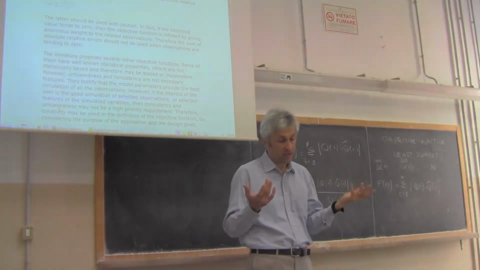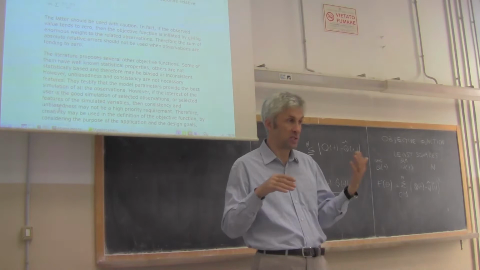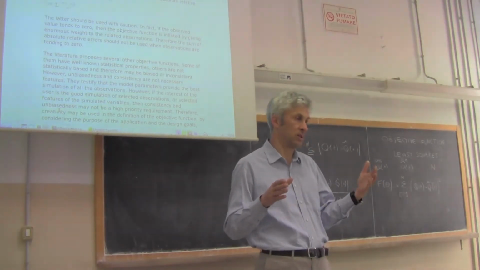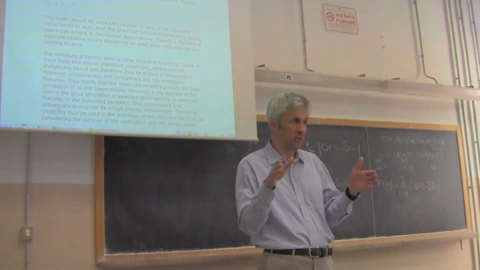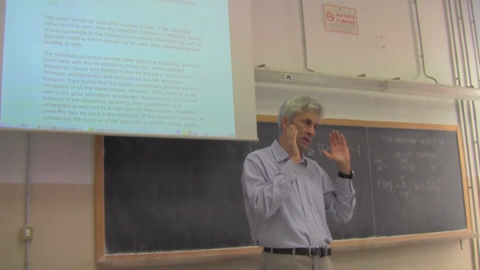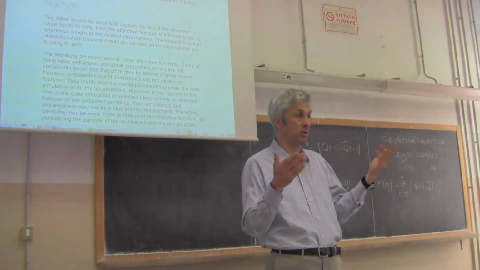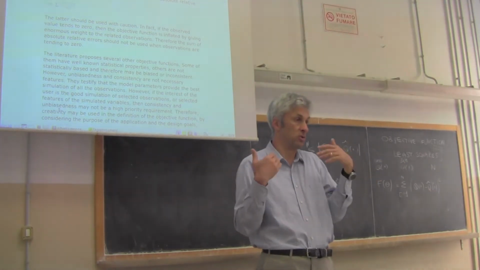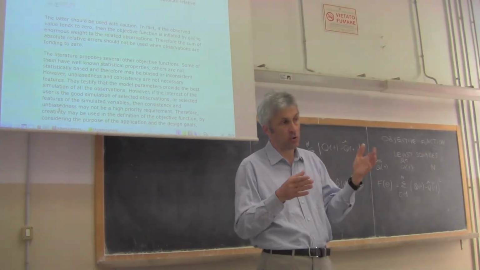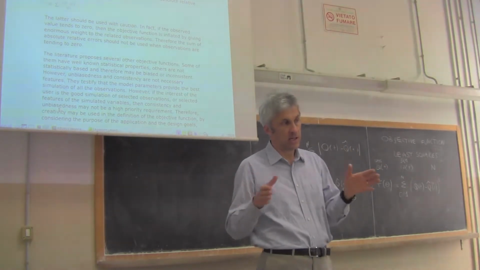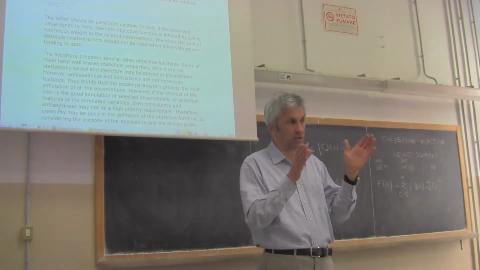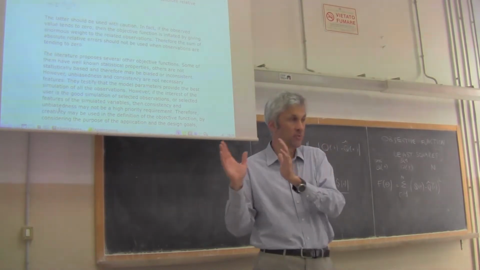It may be a good option if, for instance, you are not interested in the simulation during a certain period, and therefore you give a value of 1 to all the simulation during that period, like during the winter. If I'm not interested in the simulation during the winter, I just focus on the summer, and to the simulation during the winter, I just give a score of 1 to each of them.